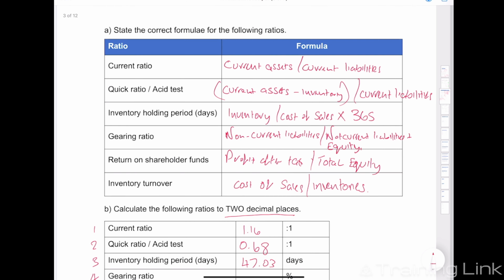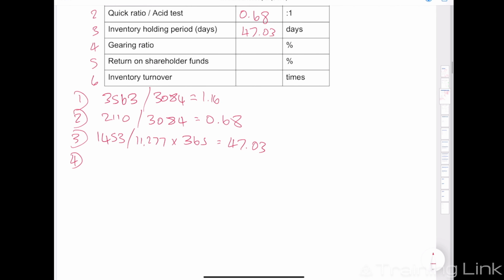So that would therefore be 3525 over 8322 plus 3525, times 100, which gives us a gearing ratio of 29.75.